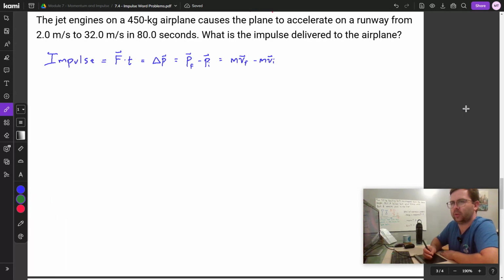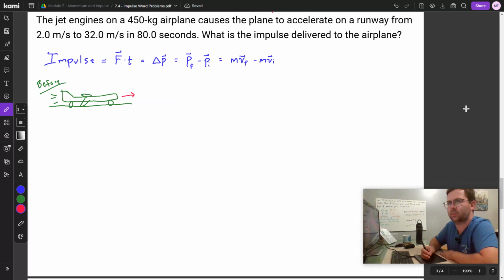Let me draw the situation here so you can see my art skills at work. So here's the airplane, and here's the runway. Okay, and there's the wheels, and we have the jets moving on it. So this is the before, and I want to go ahead and label the speed that it was moving at before.